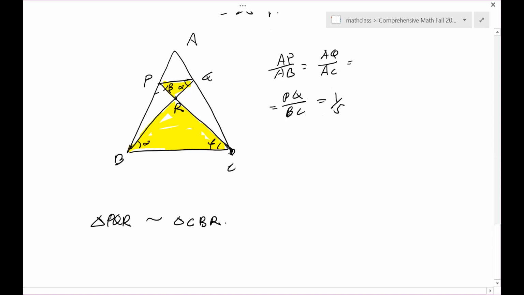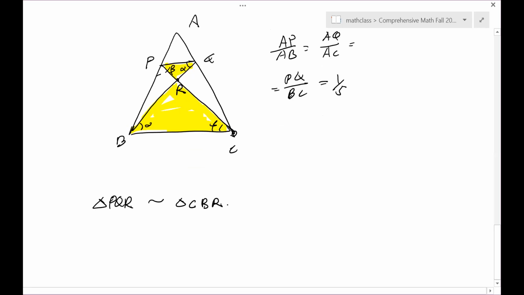So now, since PQ over BC is 1/5, the larger triangle at the bottom has an area 25 times the area of the small triangle.